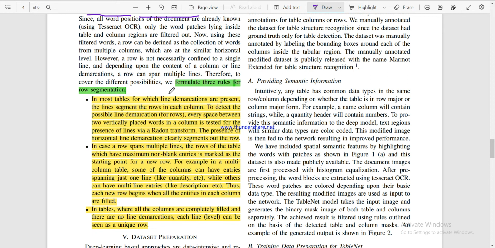Thus, each new row begins when all the entities in each column are filled. In tables where all the columns are completely filled and there are no line demarcations, each line can be seen as a unique row.